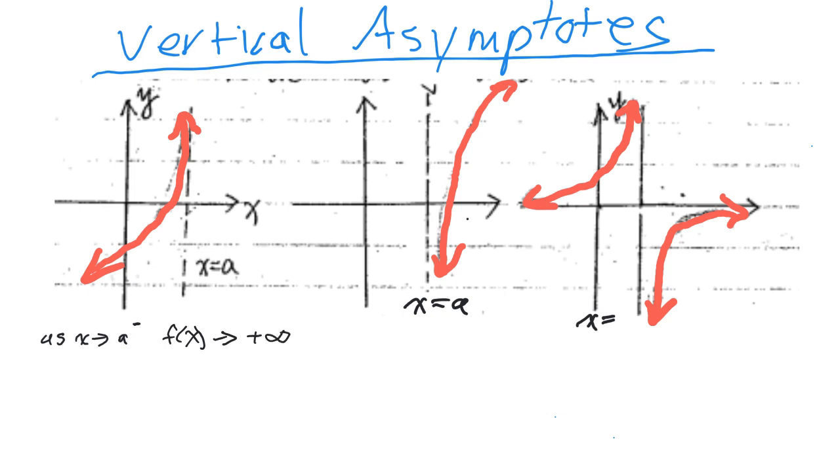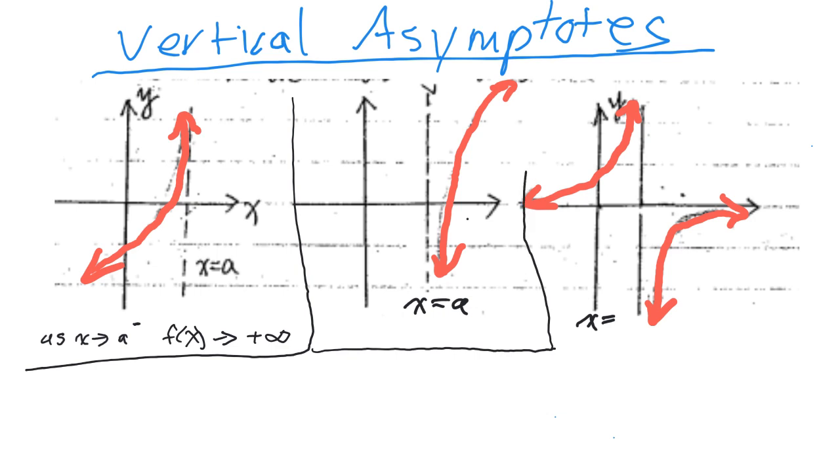For this second graph, we can say the following. We say as x approaches a from the positive side, so from the bigger side, that's what the plus means, f of x goes to, so here's what's happening.